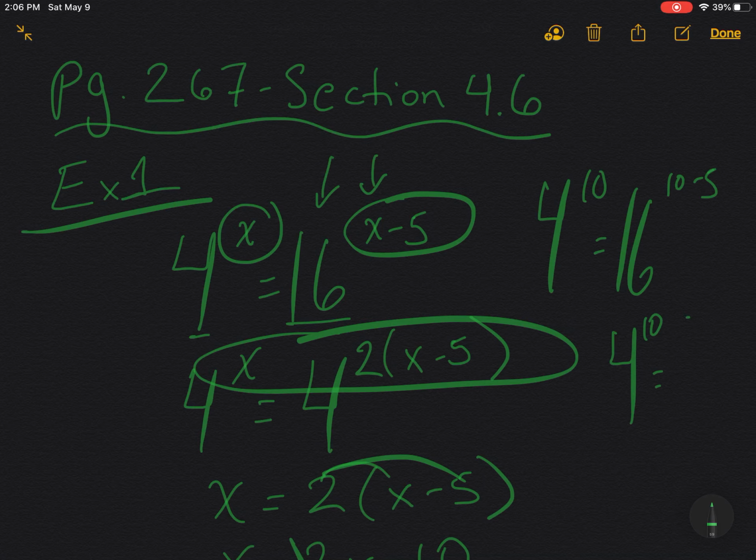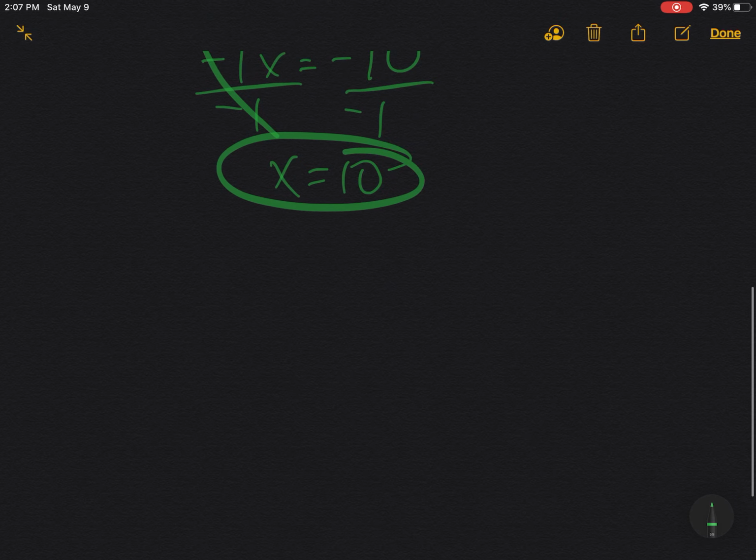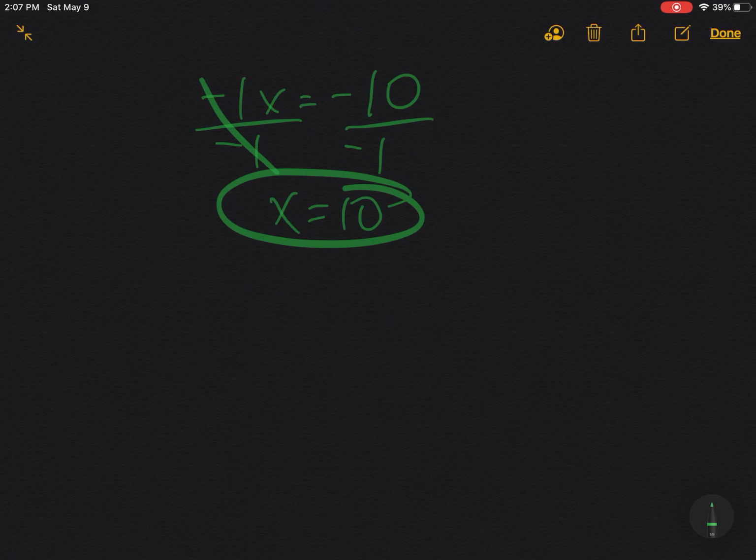So 4 to the 10th power is equal to 16 to the 5th power. And if you were to take a calculator and do that, you would result in the same answer. Okay? So that's how you would check that. Again, that is the first concept.